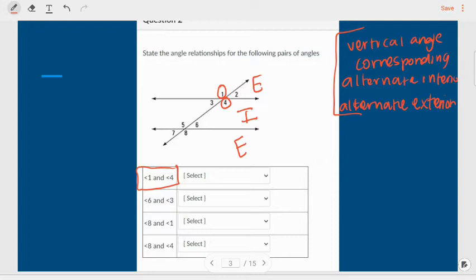So 1 is on the exterior and 4 is on the interior, so neither of these alternate interior-exterior rules are going to work, because if it was alternate interior, they both have to be on the interior, and if it's alternate exterior, then they both must be on the exterior. So I'm choosing between vertical and corresponding. Remember, vertical, they share a vertex. So vertical, they share that vertex. So 1 and 4 are vertical angles.